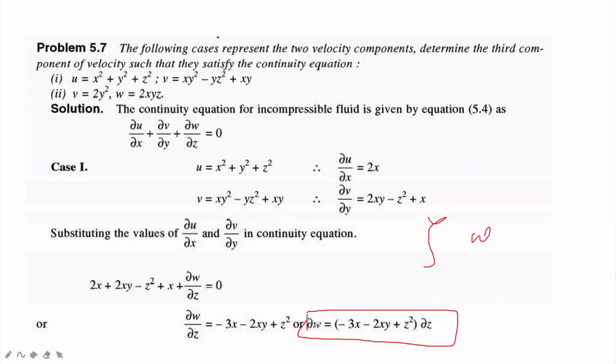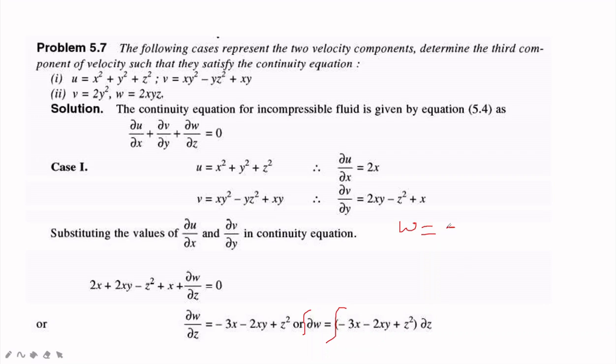When we integrate ∂w, integration and differentiation cancel, and we will get the value of w. So what happens when we integrate ∂w? We will get w is equal to the integration of minus 3x.